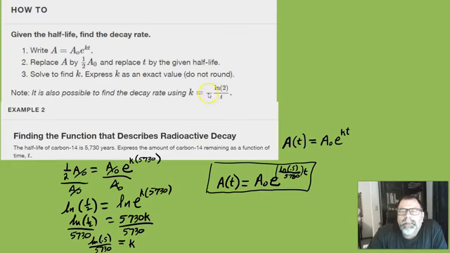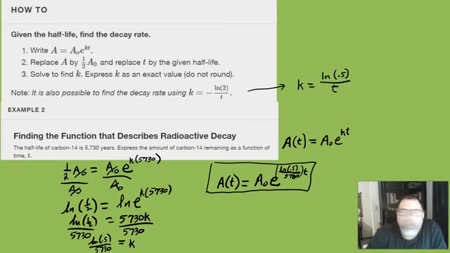And remember, negative ln 2 is the same thing as ln 1/2. So I could have just jumped to k equals ln of 1/2, which is the same thing as 0.5, divided by the time. So I could have skipped all this work and just put in the 5,730 to get a decimal number.